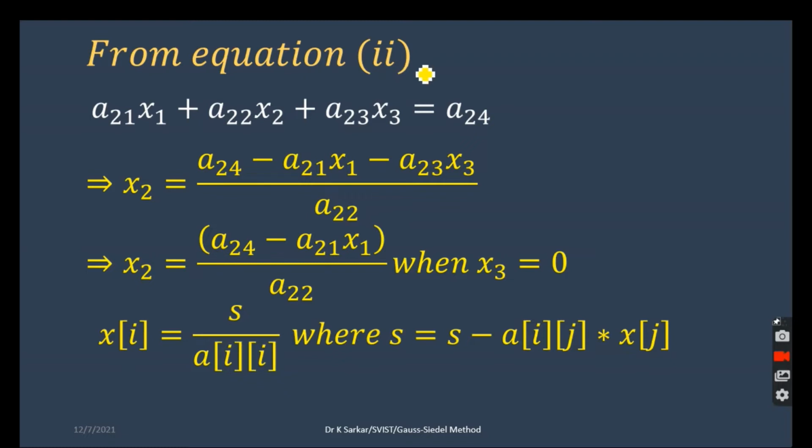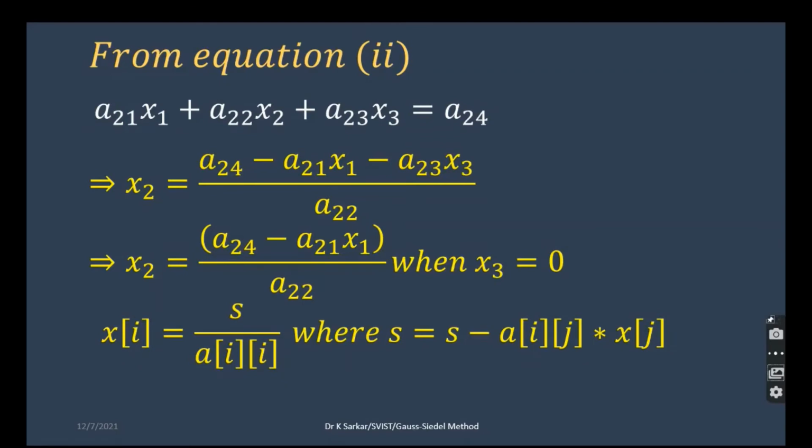Next, from equation 2, we can find x2. So x2 will be A24 minus A21 x1 minus A23 x3 divided by A22.